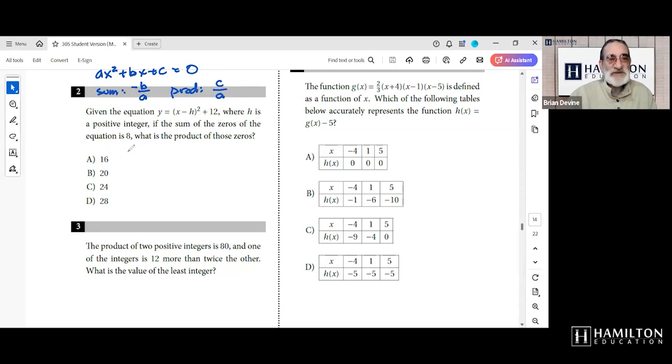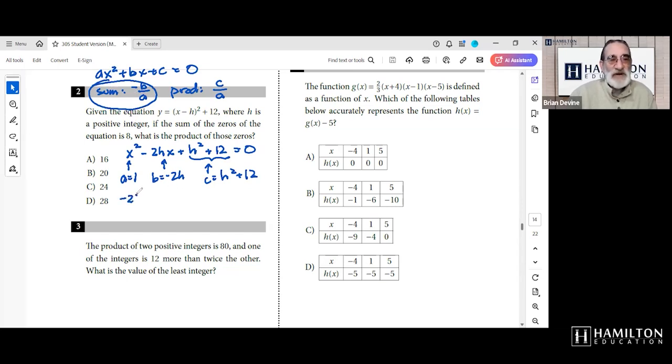So I'm going to put this thing into standard form. If I multiply out the x minus h squared, I'll get x squared minus 2hx plus h squared, then add on the 12, I'll set that equal to 0. Now here we can see that a equals 1, that b equals negative 2h, and that c equals h squared plus 12. And we do know from above that the sum of the roots is negative b over a.